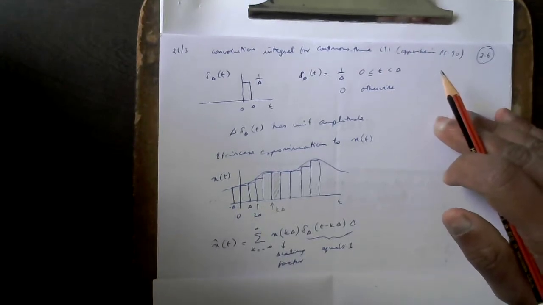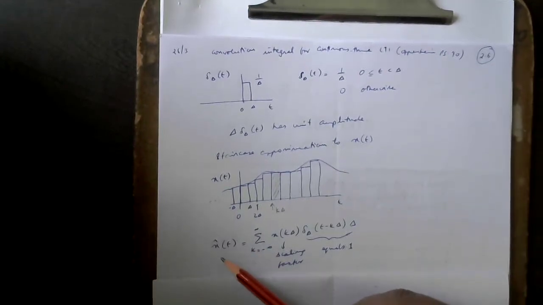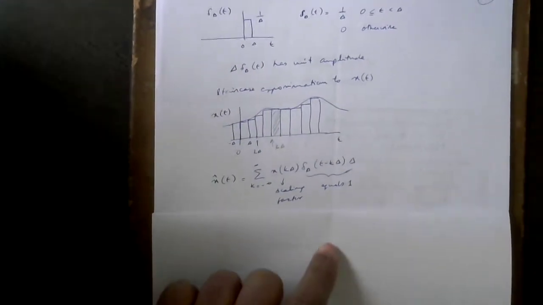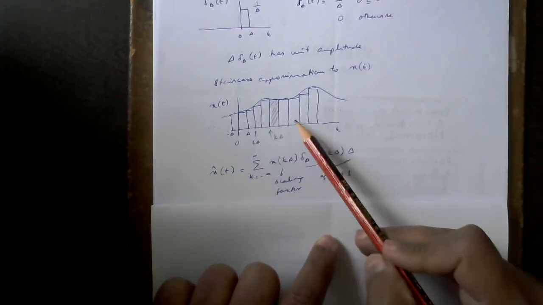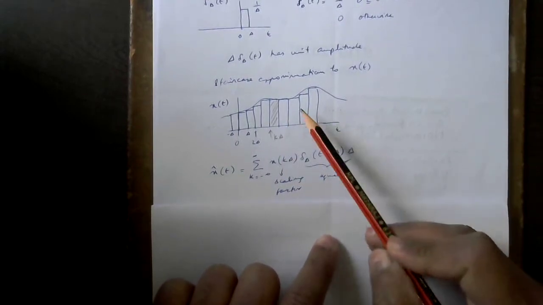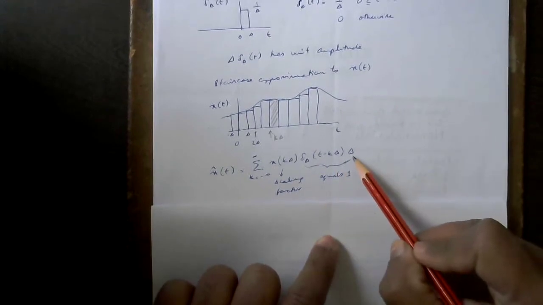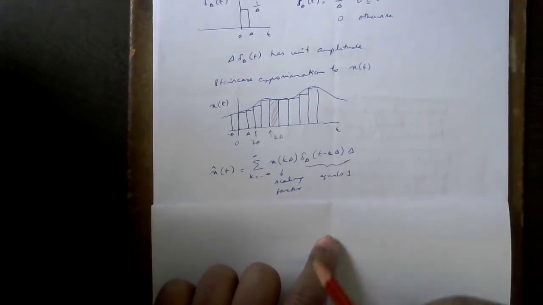Now the approximation to x of t, which we call x hat of t, can be written as a linear combination of these scaled and shifted delta delta functions, multiplied by delta, of course, to make it unity.